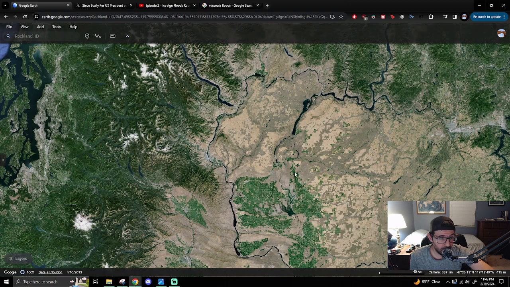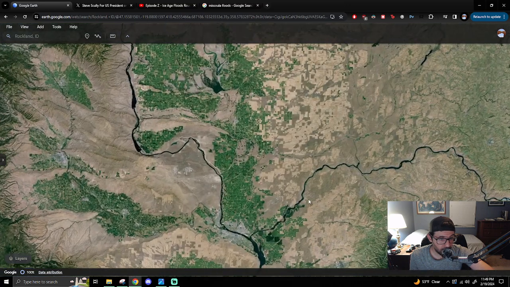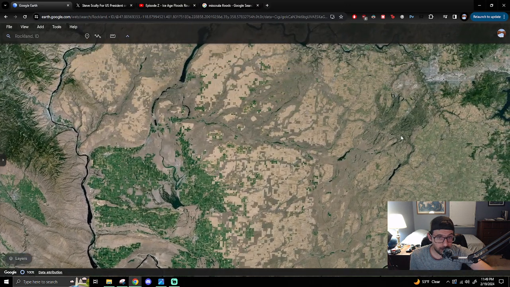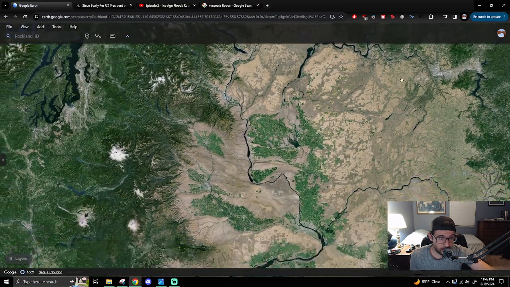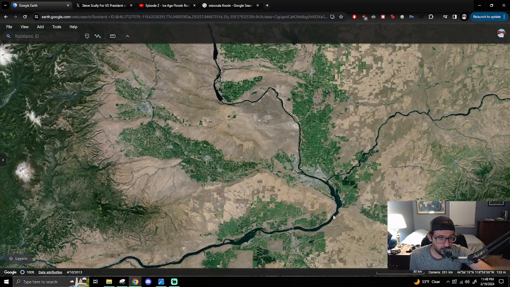And then around here is another outlet. And then down here, if we follow this way over, across here to here, and just follow this way, up here to basically Spokane. And there's another outlet here.